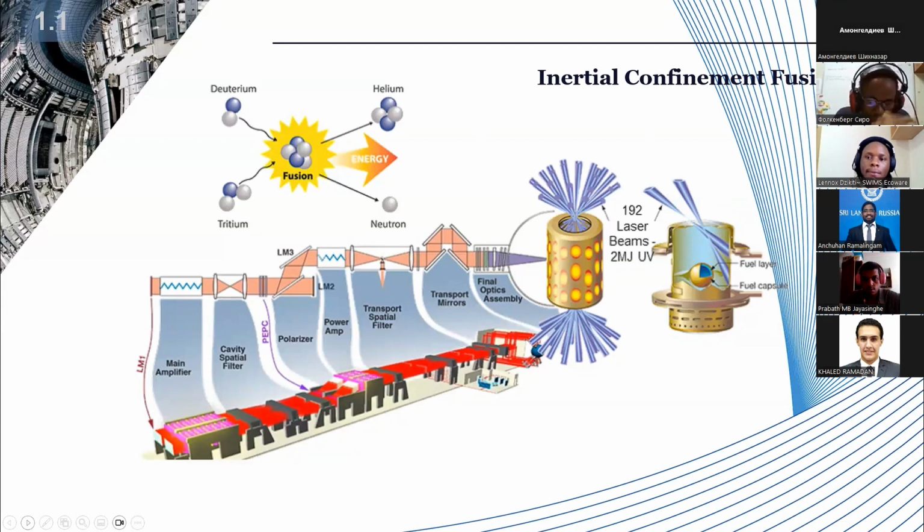But of course, this is a technique that deploys lasers to facilitate the confinement of fusion. It is deployed, for instance, in this facility in the US, we call it the National Ignition Facility, which I think is the facility that so far has given us some significant results as far as inertial confinement fusion is concerned.